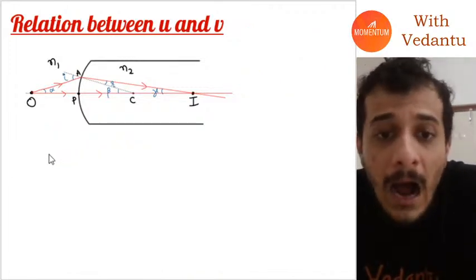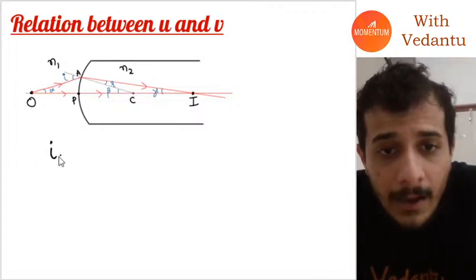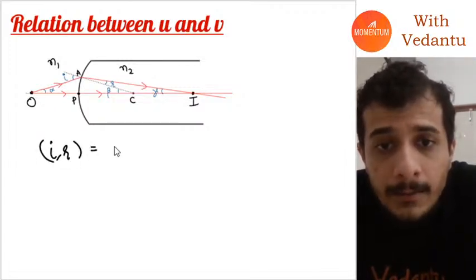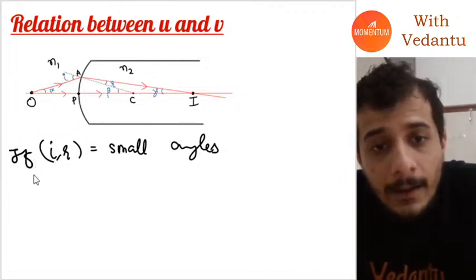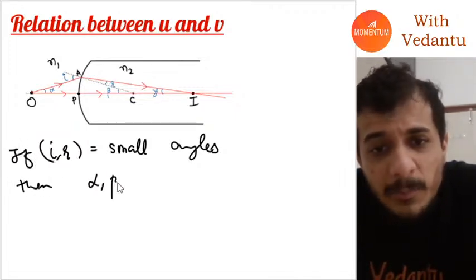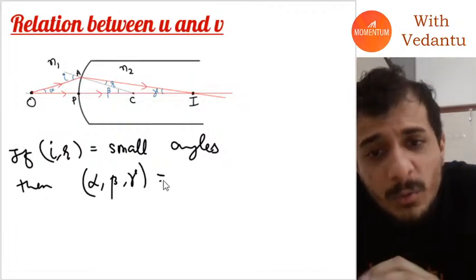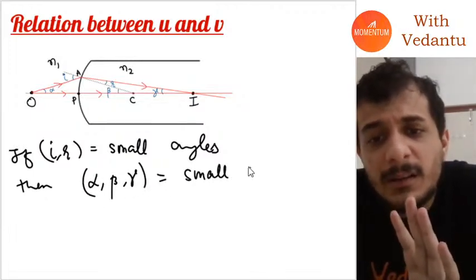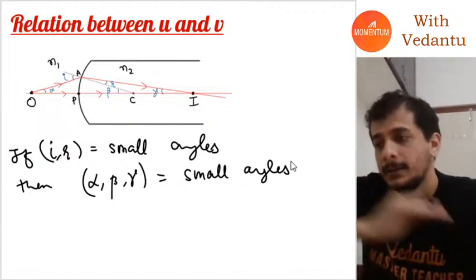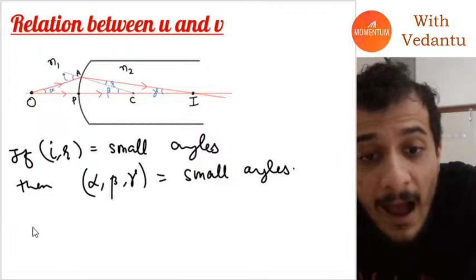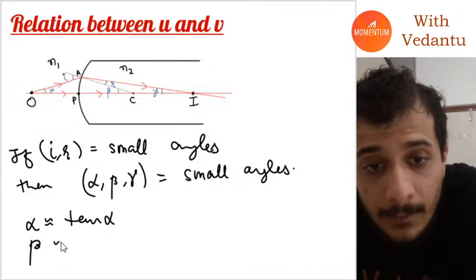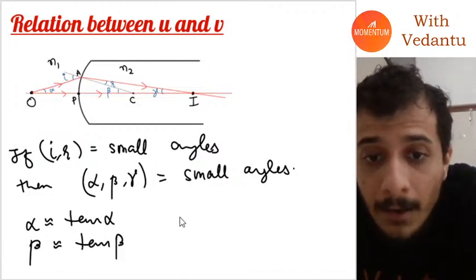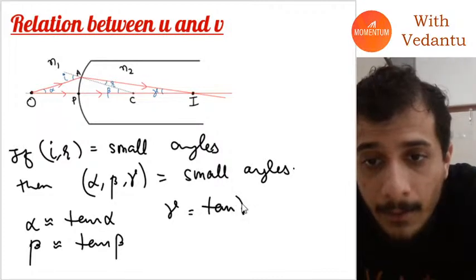Now, if I and R are small angles, then alpha, beta, and gamma are also going to be small angles, in which case alpha can be written as tan alpha, beta as tan beta, and gamma as tan gamma.